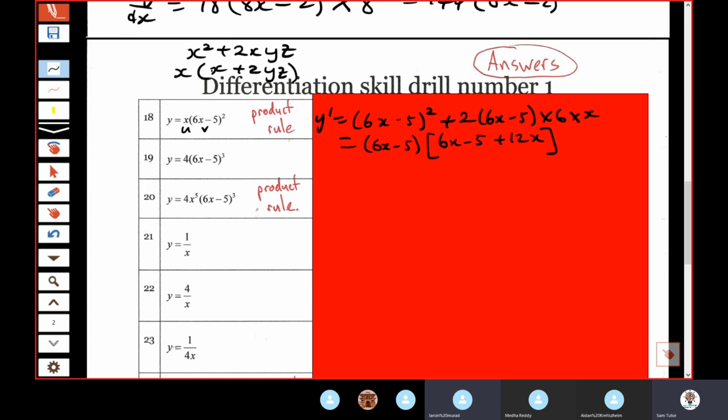That's how you factorize. Same thing here. Instead of x, it's 6x take away 5. So when you take out one of them from the squared, you're left with another one still, plus what's already there. And you expand this, so you're left with 2 and 6x.